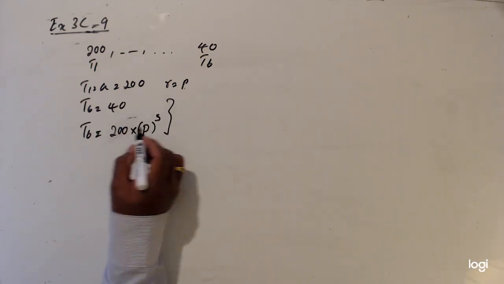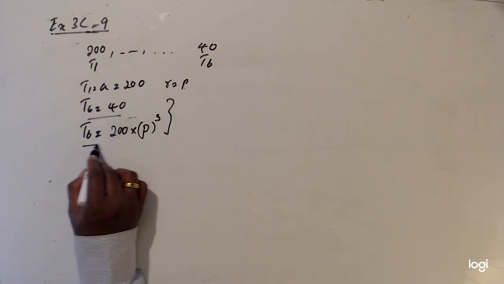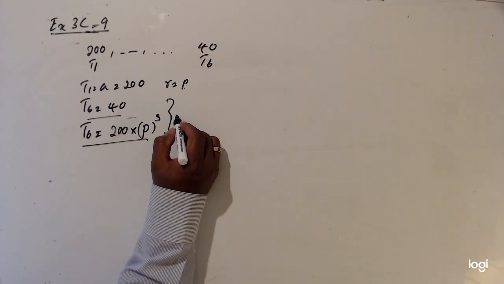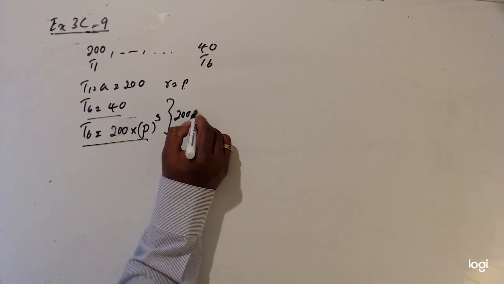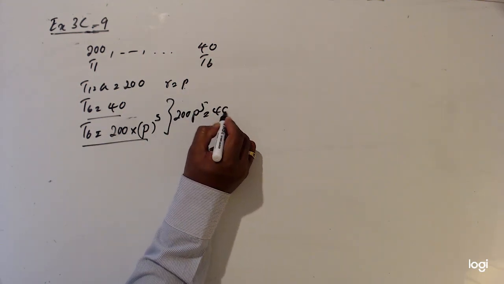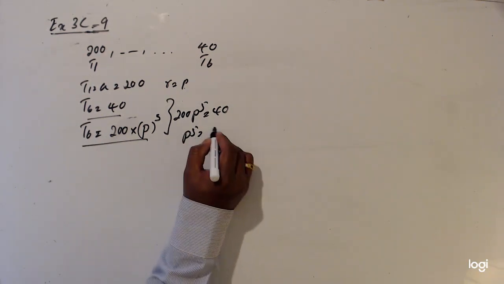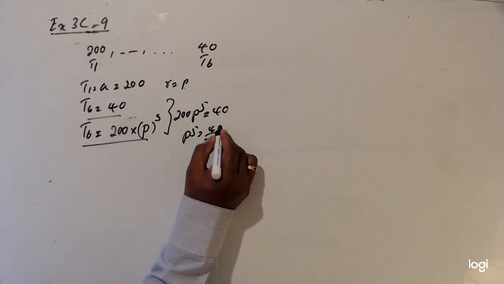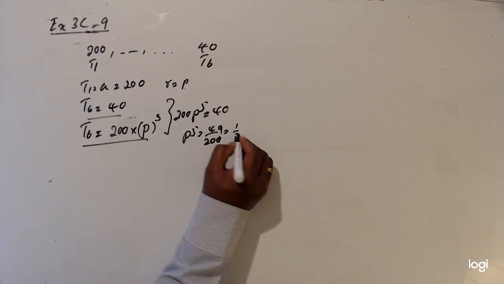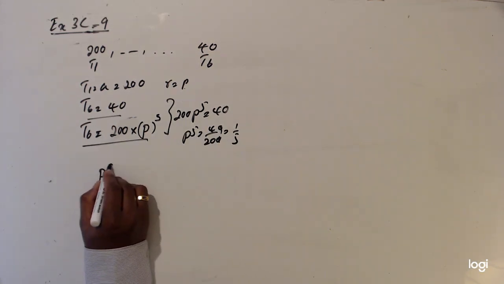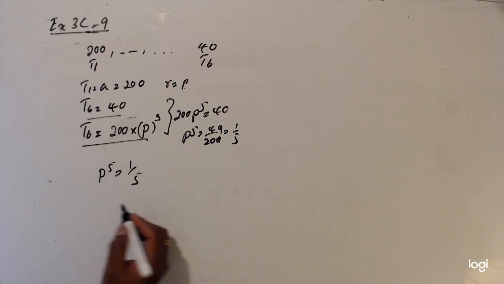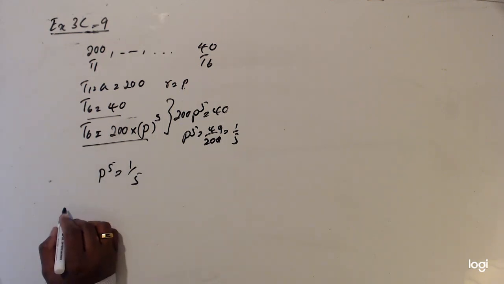From here, T6 is 40, and T6 is 200 P to the power 5. The conclusion is 200 P to the power 5 is 40. Then P to the power 5 is 40 over 200, that is 1 over 5. So P to the power 5 equals 1 over 5.